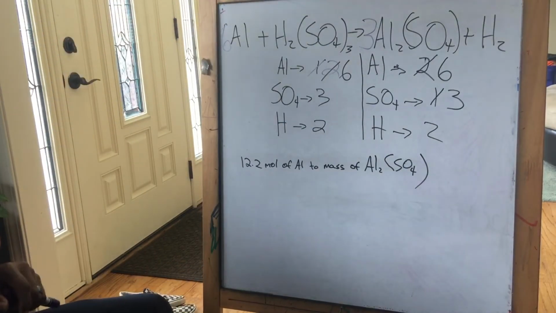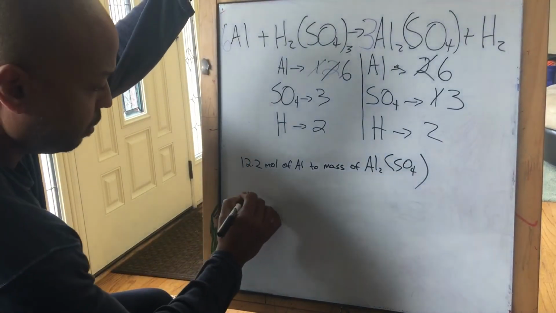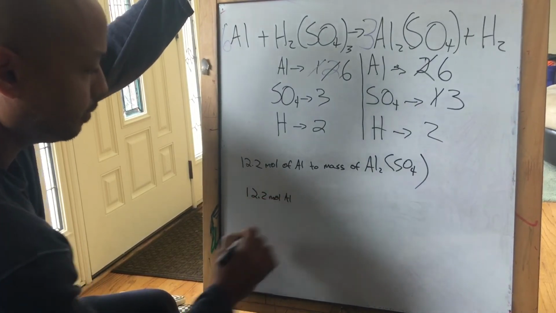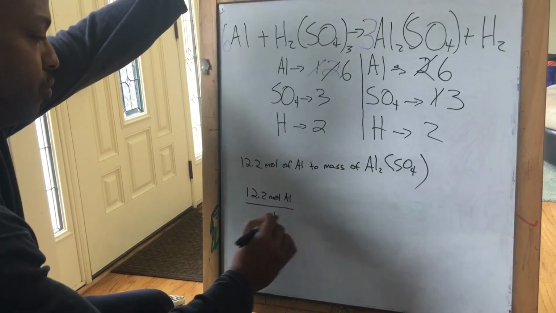Same thing as before. Start off with what we're being given. We have 12.2 moles of aluminum. That over 1.